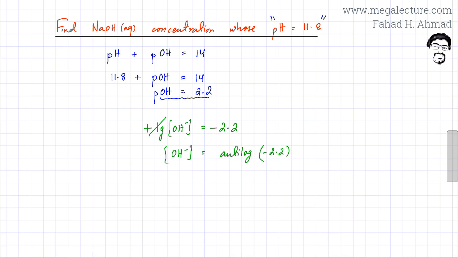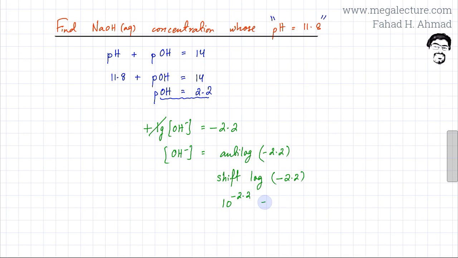Or you can press shift log. If you don't know what log is or how the function works, you can press shift and log on your calculator, and you're going to get the answer: shift log minus 2.2. But on the other hand, if you know what log is, anti-log of minus 2.2 basically means it's 10 to the power minus 2.2.